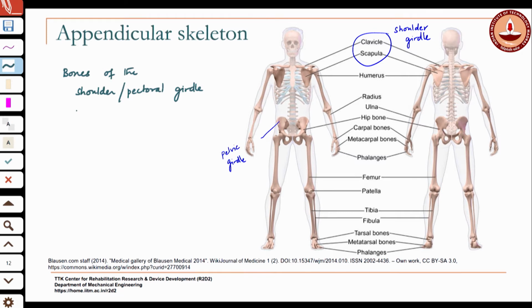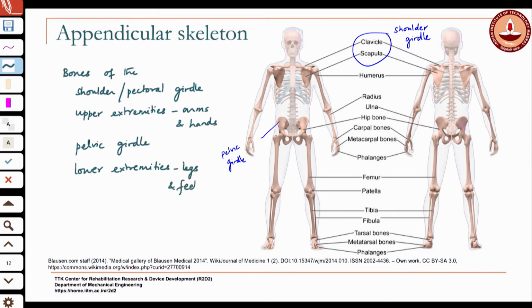You have the upper extremities, which are the arms and the hands, then you have the pelvic girdle, and then you have the lower extremities, namely the legs and the feet. So, these are the bones of the appendicular skeleton.